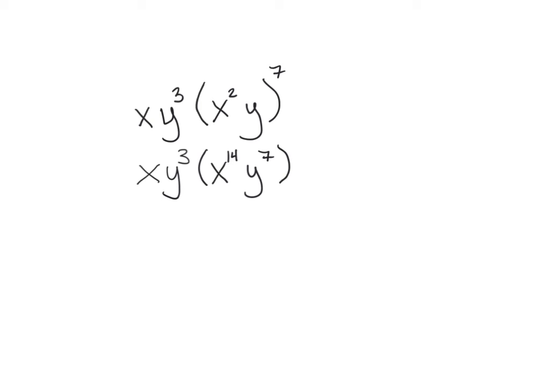Okay, so now this looks a lot like the first problem we did, it just has more letters. So I'm going to look at my x's first. I have x to the first power and x to the 14th power. When I multiply those, I get x to the 15th power, because 1 plus 14 is 15.